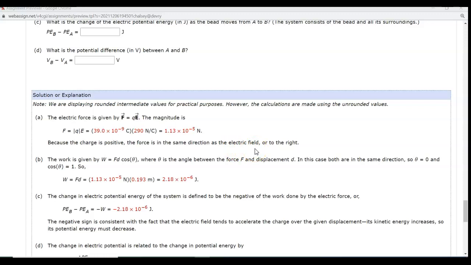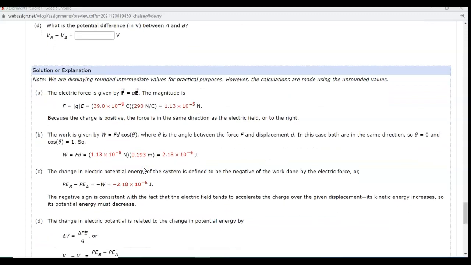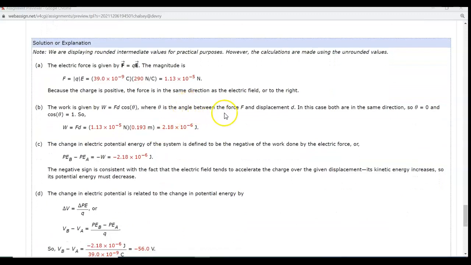The work can be found from the force times the distance times cosine of the angle, and the angle between the force and the displacement. In this case, both are in the same direction, so the angle is 0, and the cosine of theta equals 1.